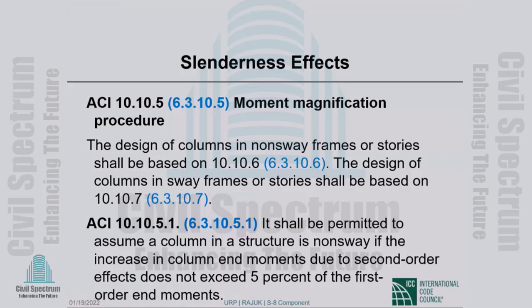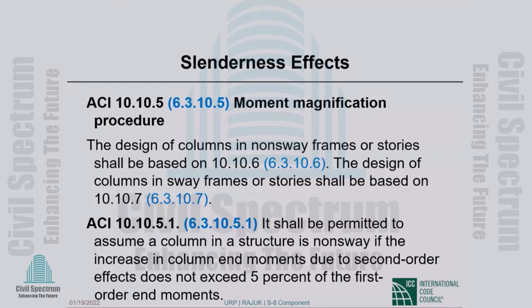Shear walls having 12 times the stiffness of the columns in the same direction. Then it says it shall be permitted to assume a column in a structure is non-SOE if the increase in column end moments due to second order effects does not exceed 5% of the first order end moments. Okay, so take it for what it is worth.